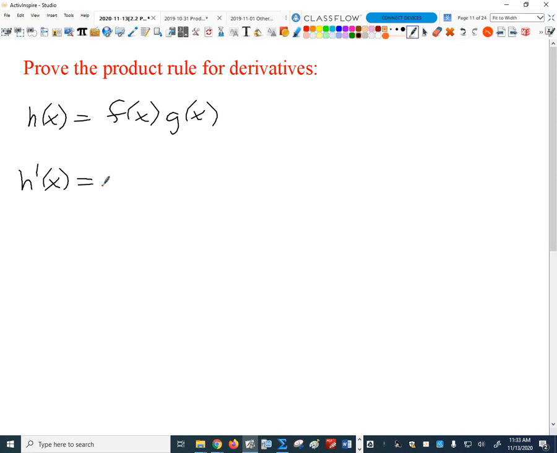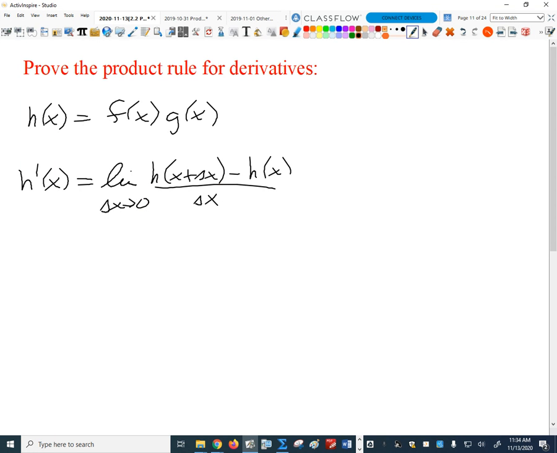H prime of x is going to be the limit of h of x plus delta x minus h of x over delta x as delta x goes to 0, right? I'll use delta x because I had an h in there. That was a bad call on my part. Well, what's h of x plus delta x?